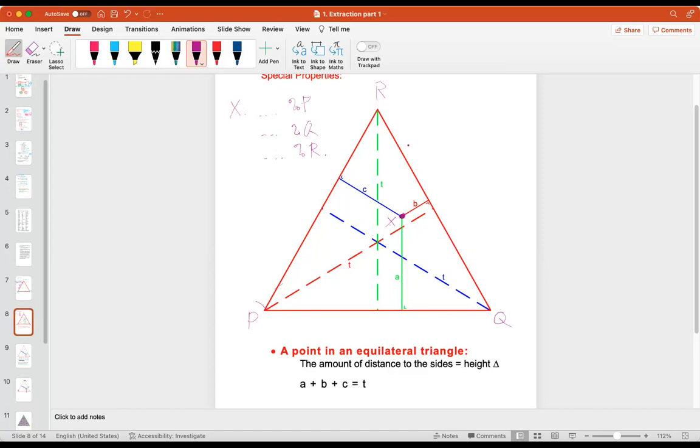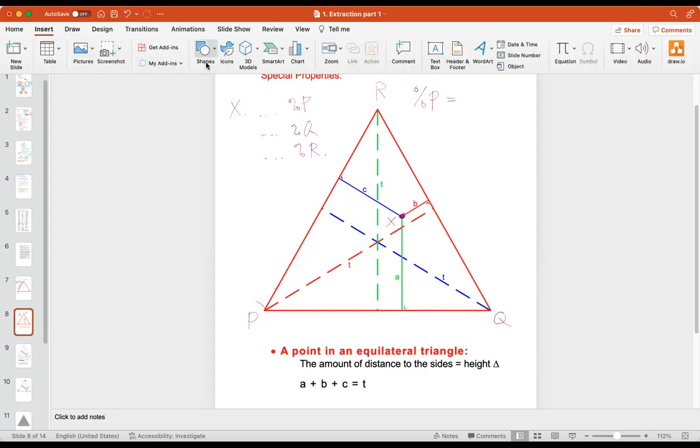Okay, so I will write here percentage P, and then use your ruler. I'm going to use my line here just to check.